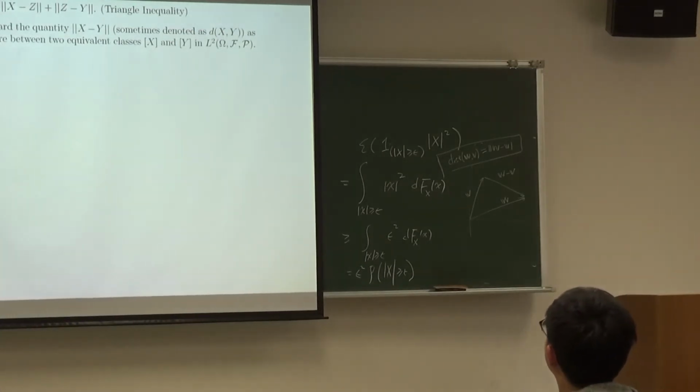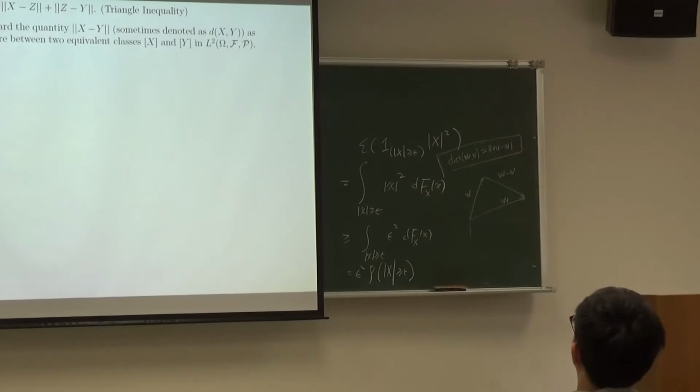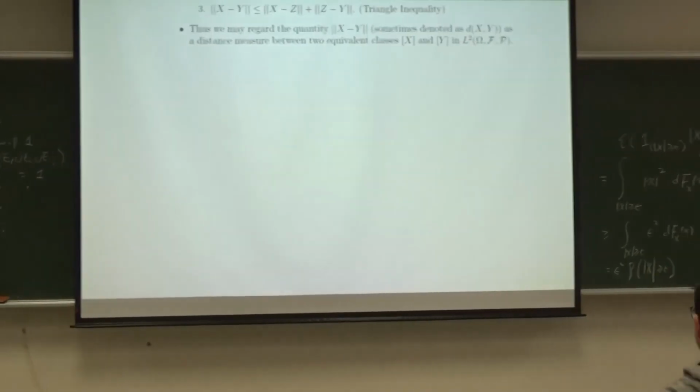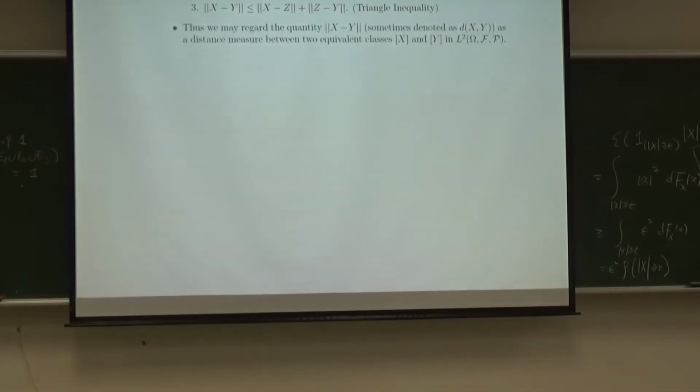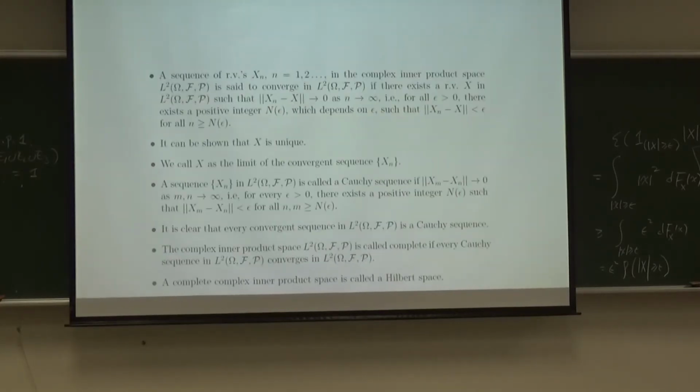So we have length, we have distance. So now we have geometry, just like in Euclidean space. Now we have geometry in the inner product space of all random variables with finite second moment.